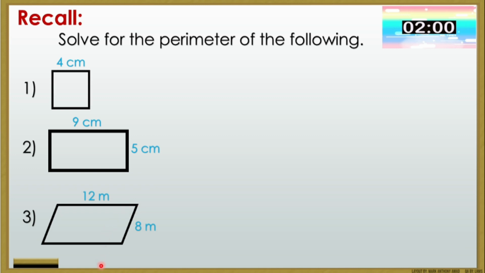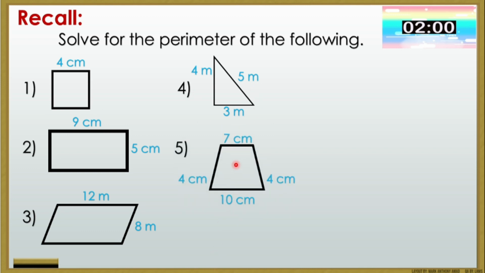For number 3, a parallelogram, 12 meters by 8 meters. For number 4, a right triangle, 4 meters by 3 meters by 5 meters. And for number 5, a trapezoid, 7, 4, 10 centimeters and 4 centimeters. You have 2 minutes to do this task. Your timer starts.